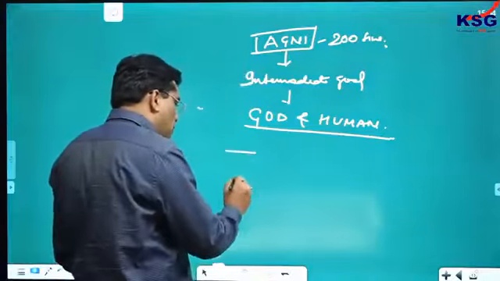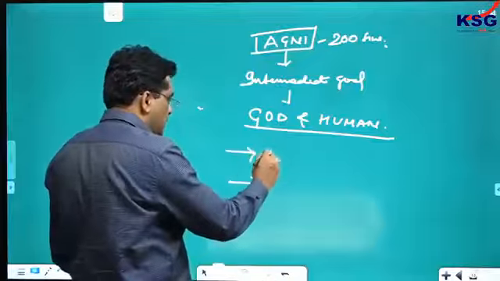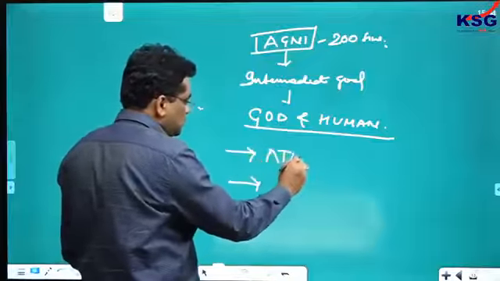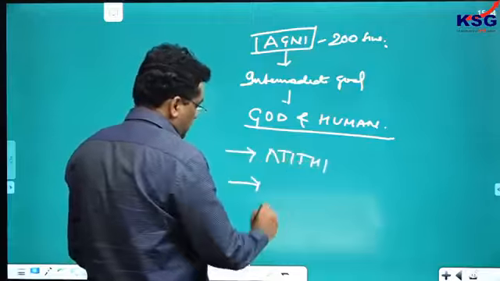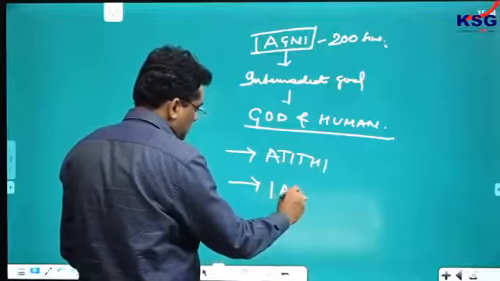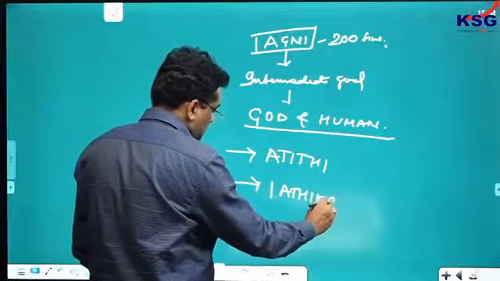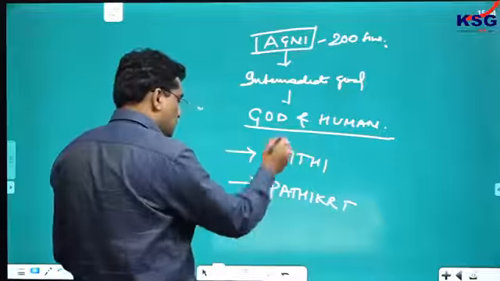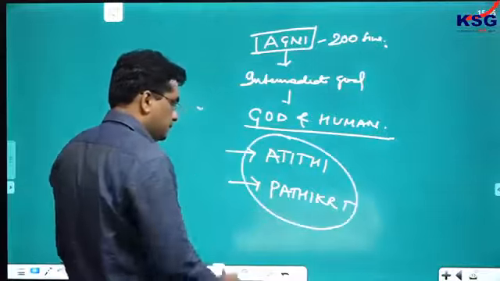In Rig Veda, we know Agni with two names. Atithi, this word is also used for Agni. Pathikrit, this word is also used for Agni.